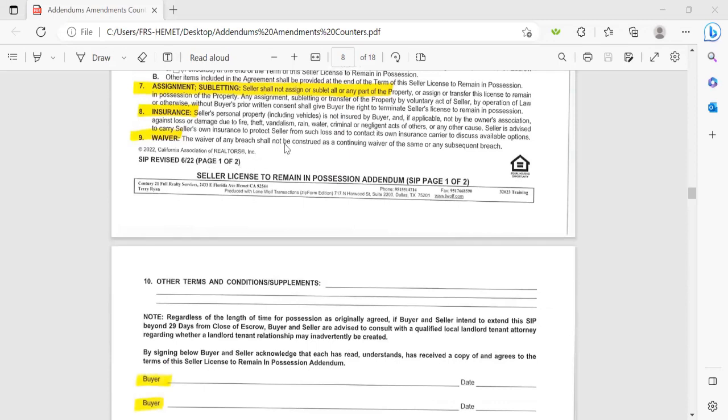And the waiver of breach shall not be construed as a continuing waiver of a subsequent breach. Okay, so I said just a minute ago that if we don't stick to the timelines, if we don't stick to the guidelines as far as repairs and things go, then we have a breach.